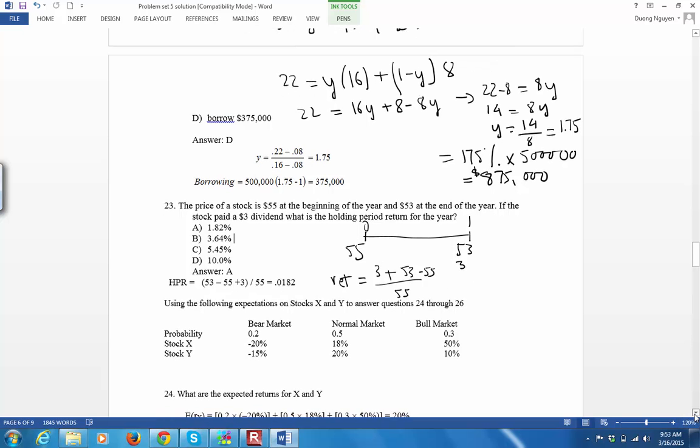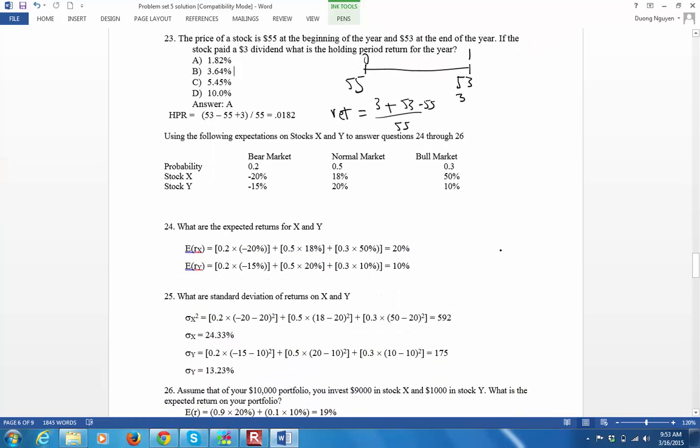Okay, now you are given two stocks, X and Y. So what is the return of X? What is the return of Y?